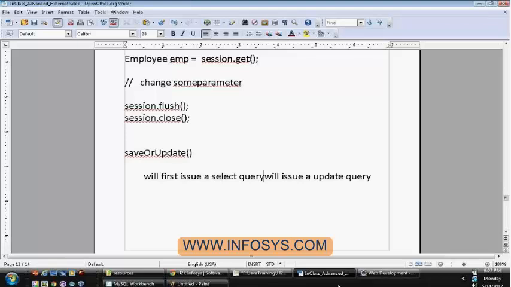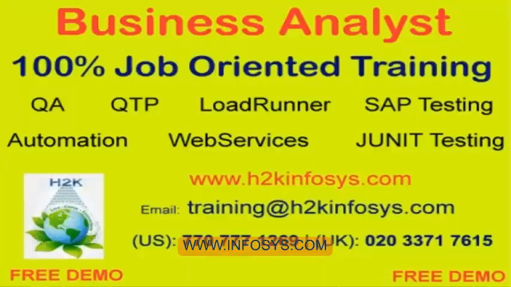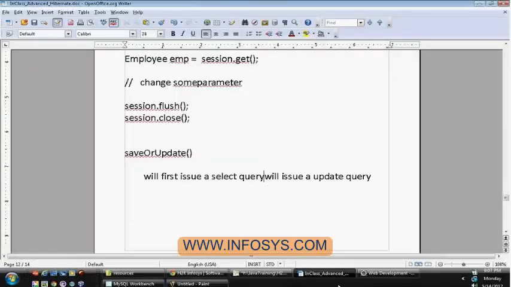We'll discuss relationships. Until now we are retrieving the data corresponding to only the employee class. Let us say we want to retrieve the information corresponding to our address object as well.